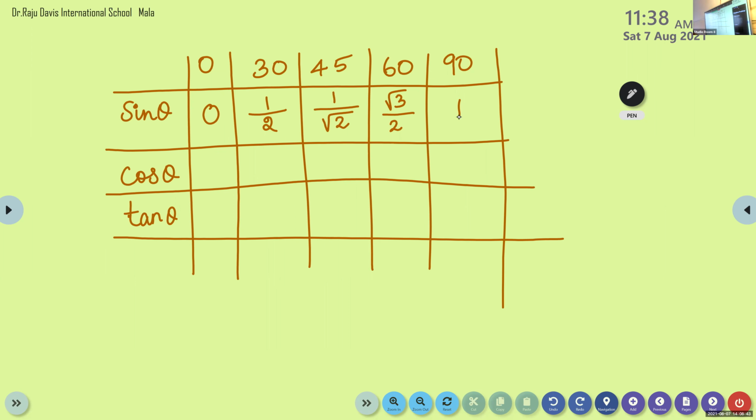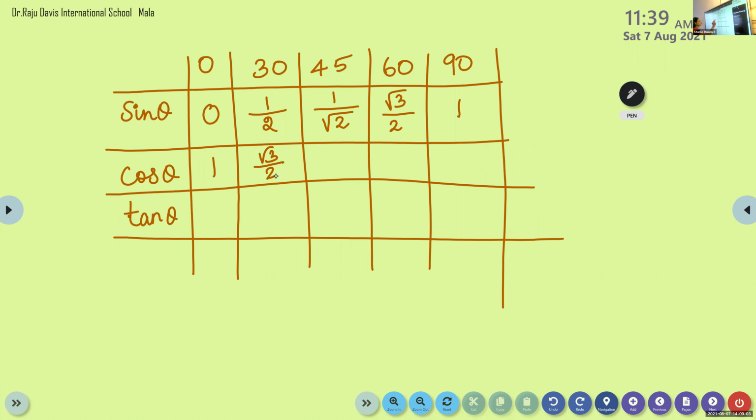For cos, listen, we can write this in reverse order, from the end. So cos 0 will be 1. Cos 30 will be the same as sin 60, root 3 by 2.